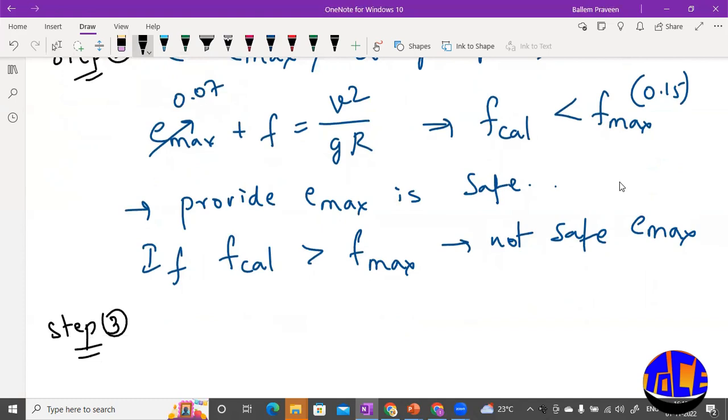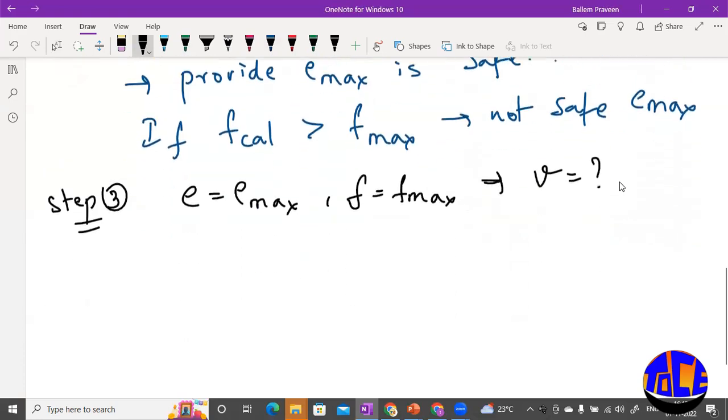Here we'll fix the maximum values: E is equal to E max and F will be F max. And we'll find out what design speed we need to provide. Here your formula will be E max plus F max is equal to V square by GR.